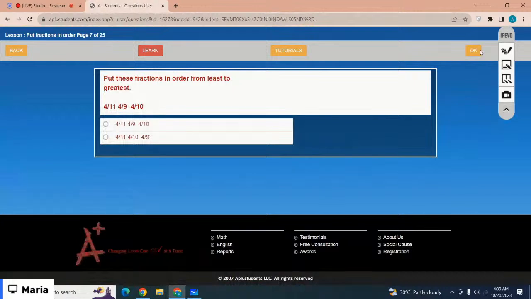Okay, put these fractions in order from least to greatest. So which is the correct option?